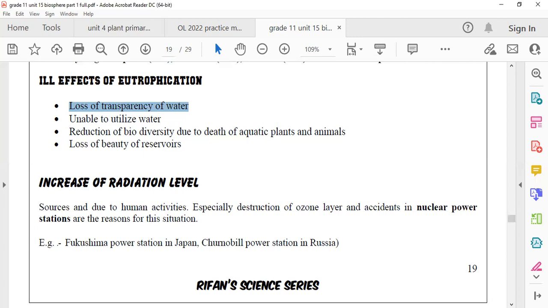Another example is the Fukushima power station. It also got damaged due to a tsunami problem. Tsunami entered and made the issue because it is Japan.